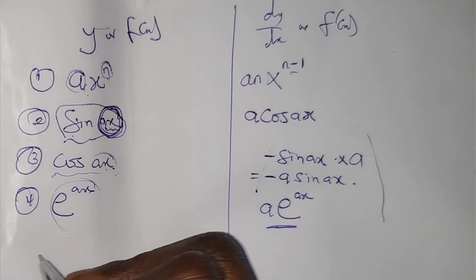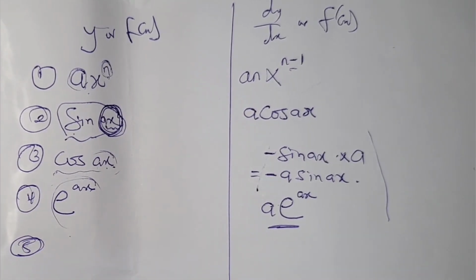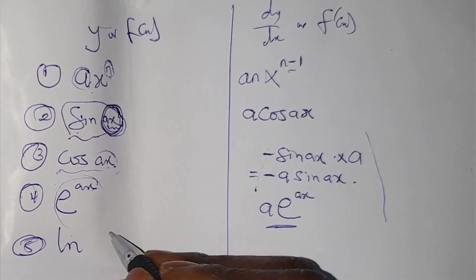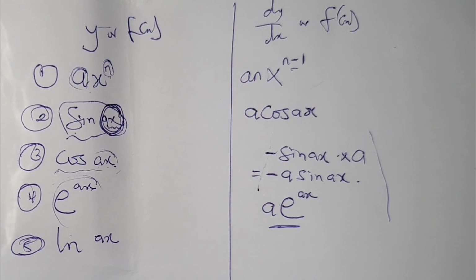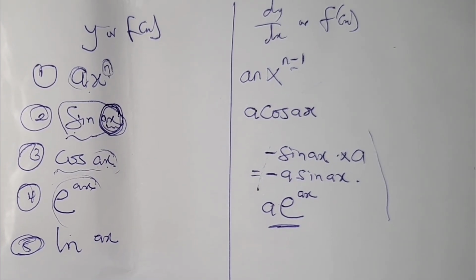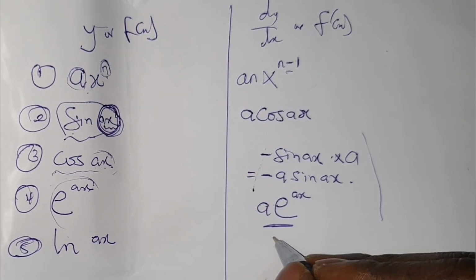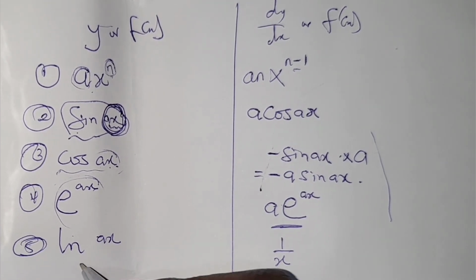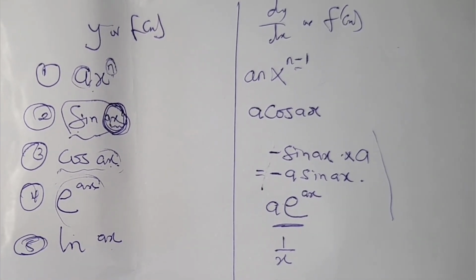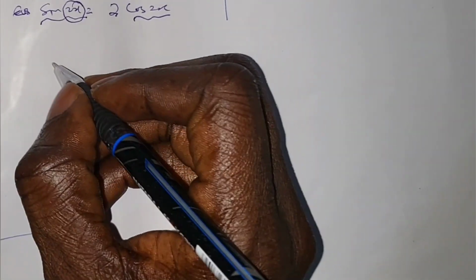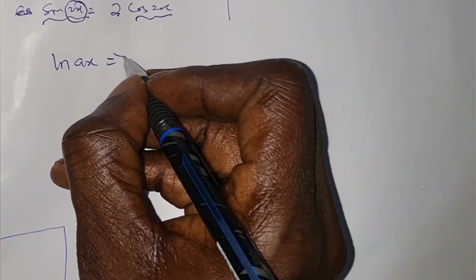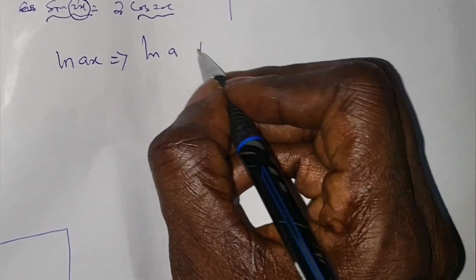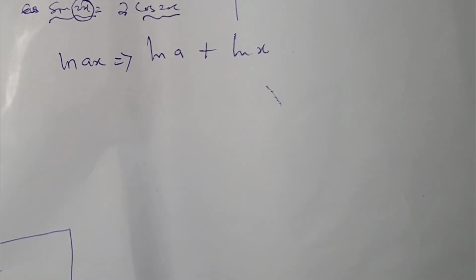Then finally, the last one, very important, is the natural log, ln. ln of ax. How do you differentiate ln of ax? To differentiate ln of ax, you are going to get 1 over x. Now, the reason why you are getting 1 over x is because ln of ax can be written as ln of a plus ln of x.